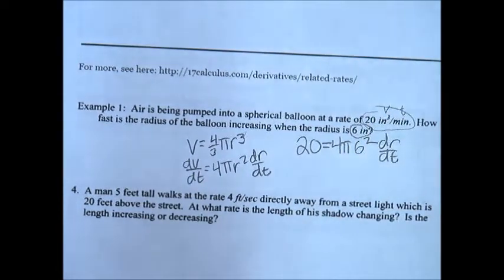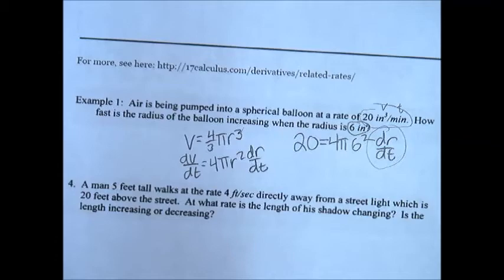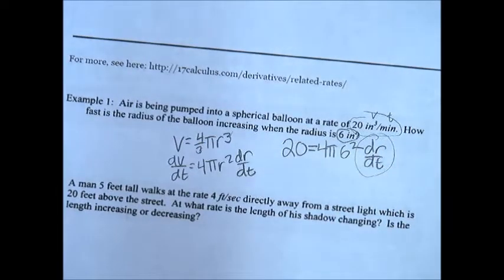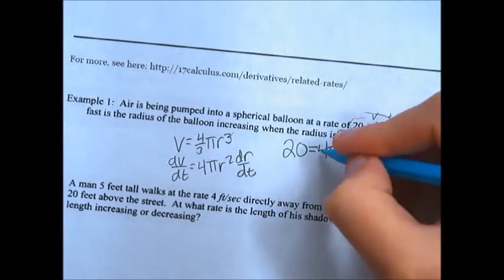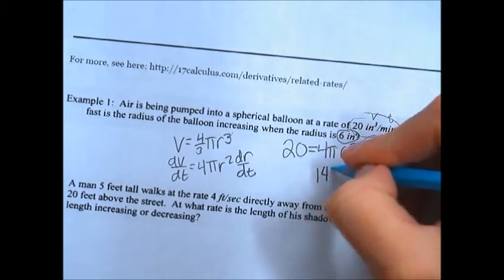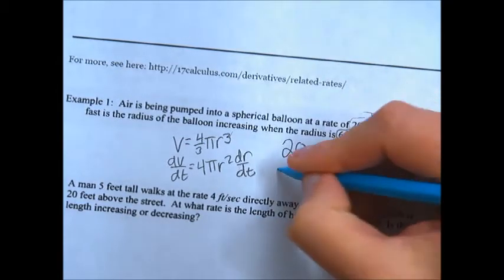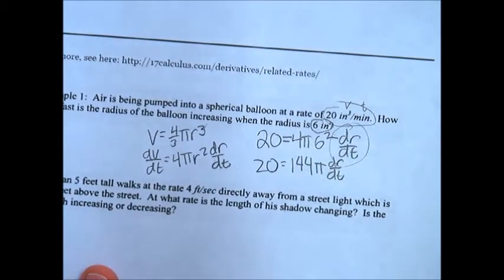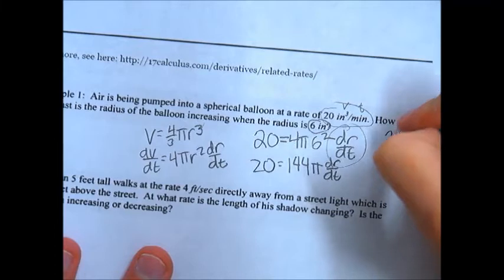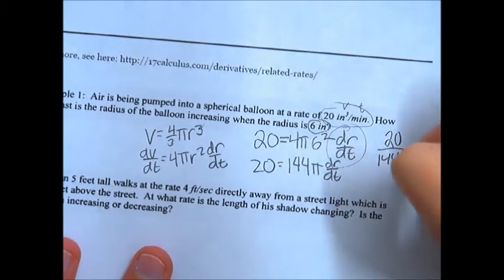And what does it want us to find? It wants us to find how fast the radius of the balloon is increasing. Well, that is dr dt. Exactly. The radius, the radius dt. So sweet. We just need to solve this equation. 6 squared is 36 times 4 is 144 pi times dr dt equals 20. And then I can just divide both sides by 144 pi, and I get 20 over 144 pi equals dr dt.